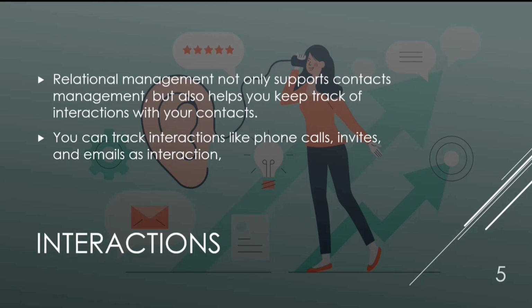Like he has an on-site meeting, then it is called interaction. So in Business Central we can maintain all types of interactions and communication with the contact, and we can also associate our cost with the interactions, and there is a separate module for interactions. So in our next videos we will also get to know about the interactions in detail.